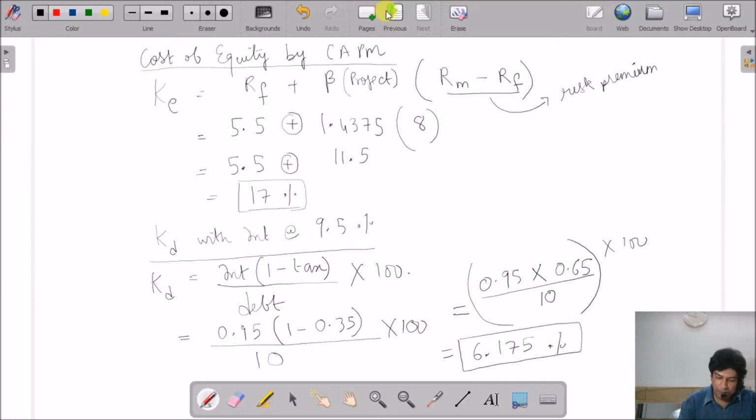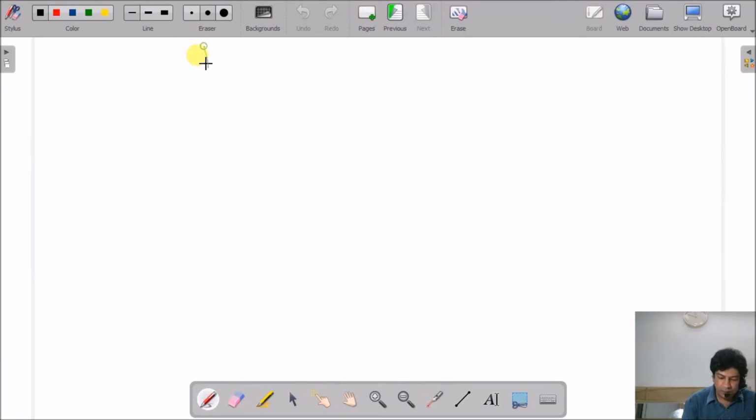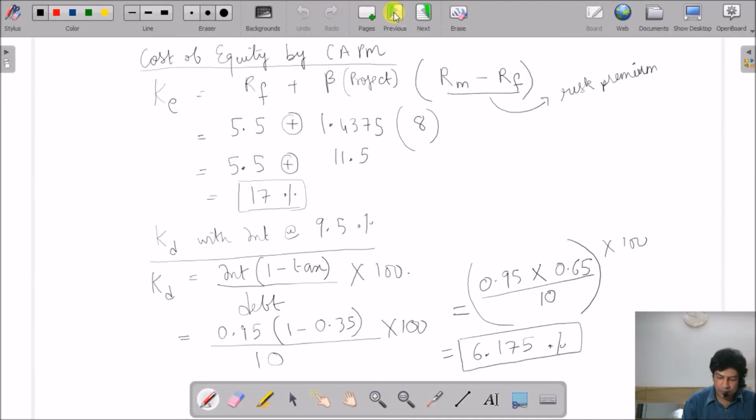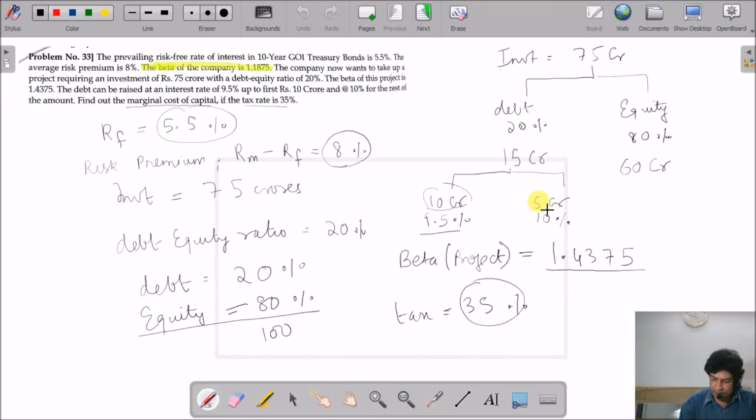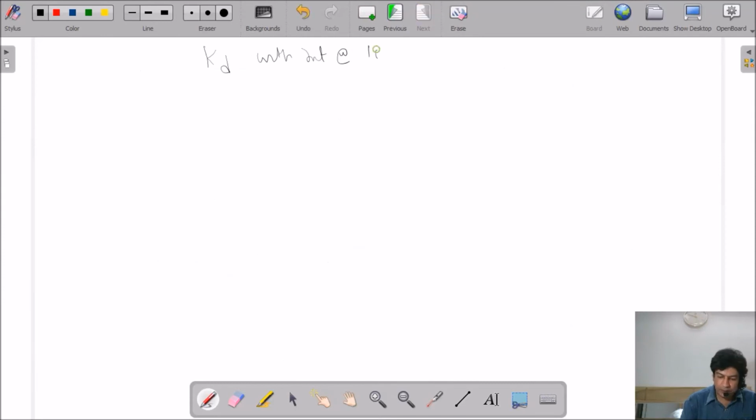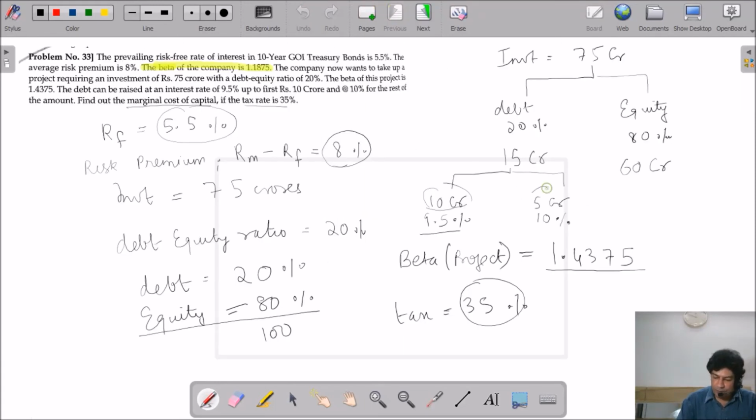Again, one more part we need to do. We will find the cost of debt with interest at 10%. Again, the cost of debt is the interest, then we have to take the tax saving effect, divide by the debt which we have borrowed, and multiply by 100. So how much interest will I pay on 5 crore? I have to pay an interest of 10%. So 5 into 10% is 0.5.